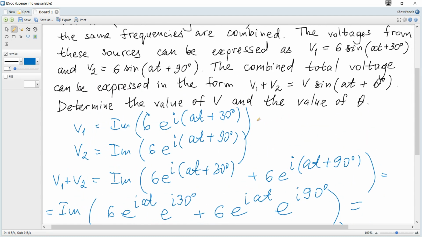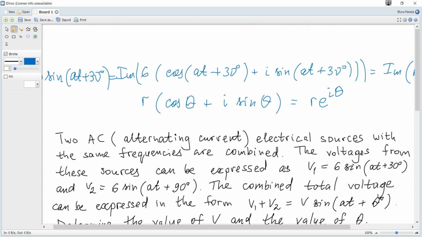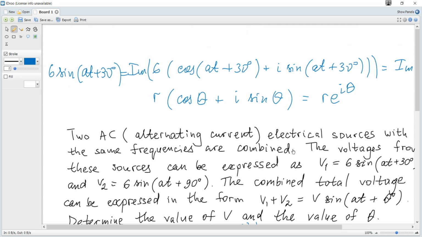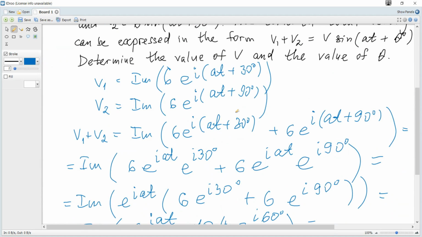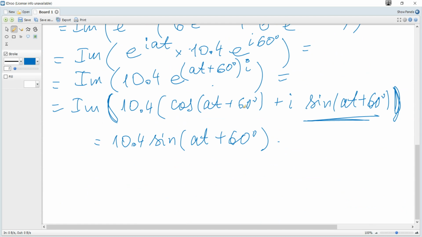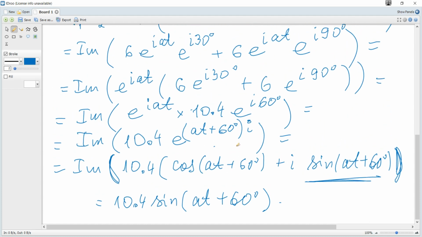If the question is expressed in the form V sine of (omega t plus theta), then V is 10.4 and theta is 60 degrees. If it would be cosine, it would be absolutely the same, but you should write real. Real, real, real, and finally you get cosine. So cosine plus cosine, you will get finally cosine. Sine plus sine, you will get finally sine. And that's all for this question.